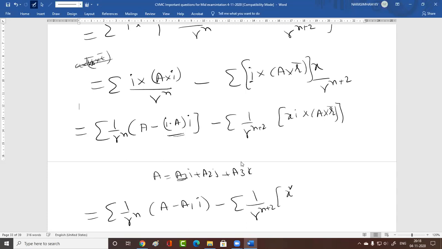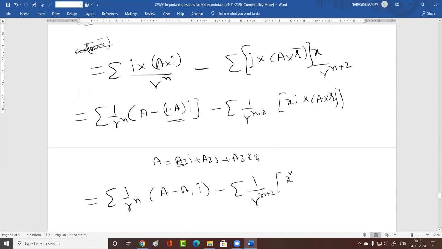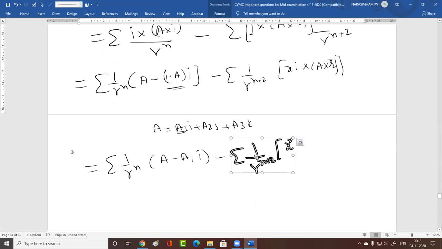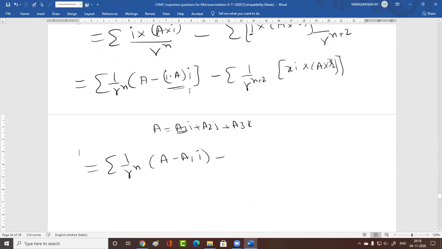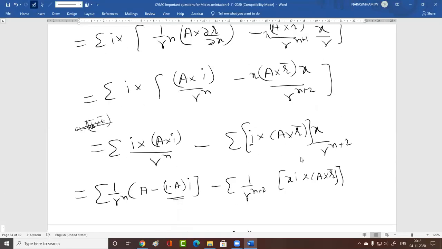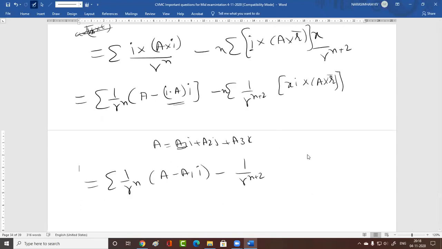I will erase the second. So this is A1, already discussed, up to this it is the same. This is 1 by r power n plus 2 into, I think n is also missed again. N is also there. N by r power n.